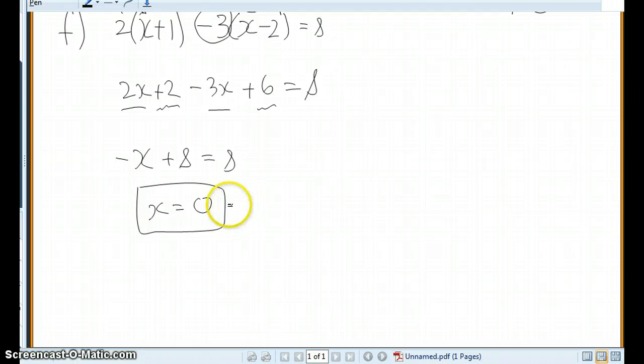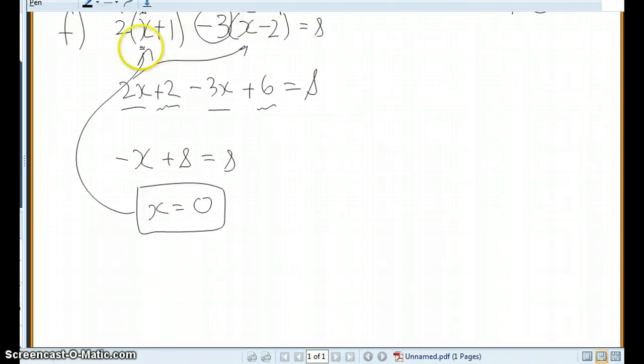I'm going to go back and put 0 into there and see if I get 8. Okay. 0 plus 1 is 1. Times 2 is 2. And then over here, 0 minus 2 is minus 2. Times minus 3 is positive 6.